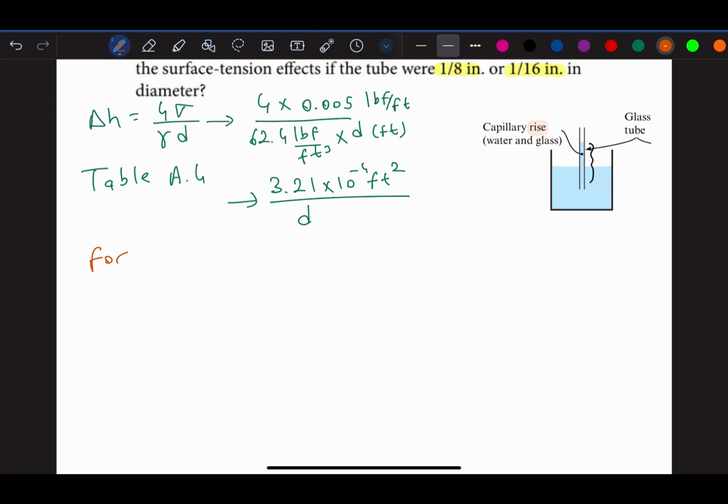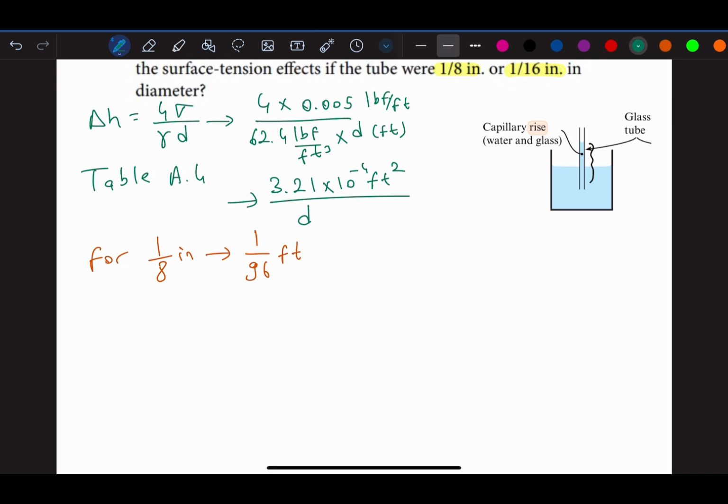So for 1/8 inch, this is actually 1/96 feet.